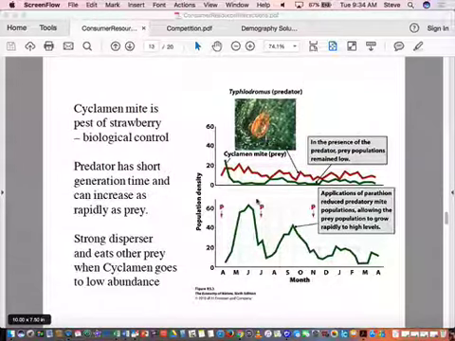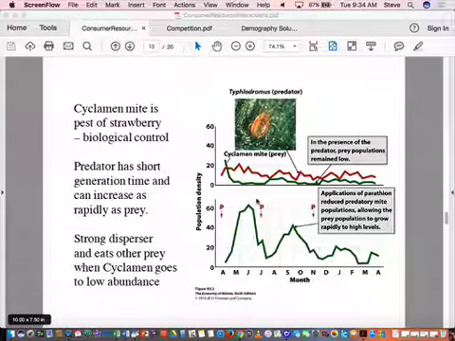One of the things I want to address today is that we're going to do the predator-prey isoclines and show you how you can get these oscillations. But one of the things I'm going to focus on at the end is one of the themes I talked about at the beginning: what's driving those oscillations? Is the predator driving it from the top down, or are the plants driving it? So we'll talk about an example at the end about the snowshoe hare and lynx and how the plants might be driving it, and then I'm going to ask you a simple question.